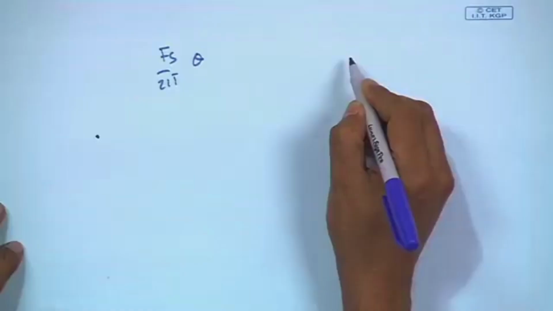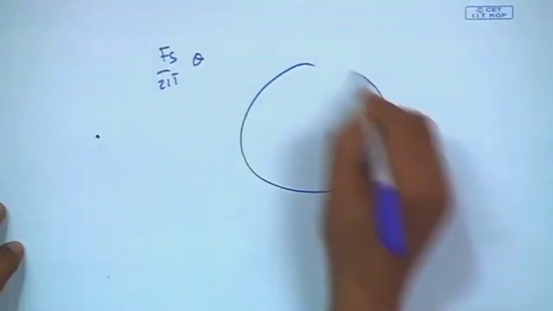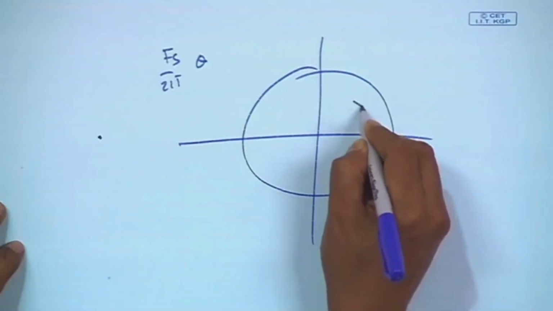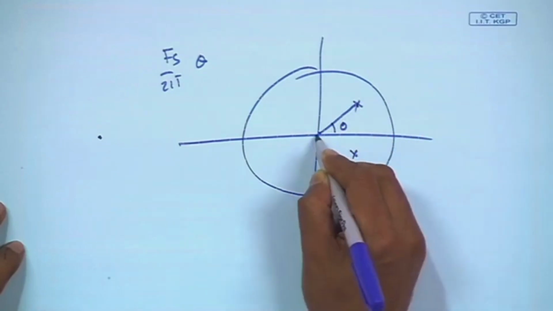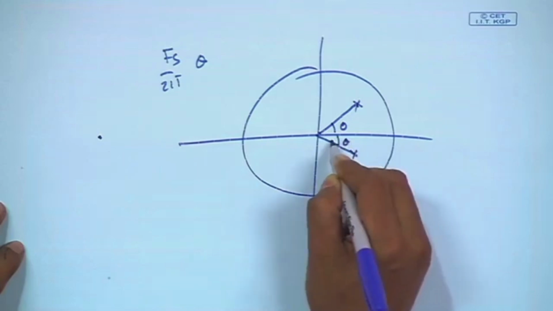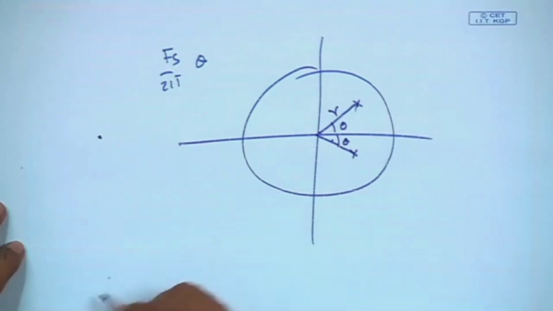If it is close to the unit circle, it contributes to the formant frequency, because the energy will be very high. Suppose this is my unit circle and there is a pole with angle theta. Since the system is real, there will be a complex conjugate pole at minus theta here, and this is R.